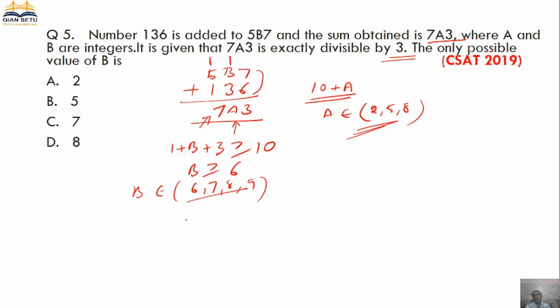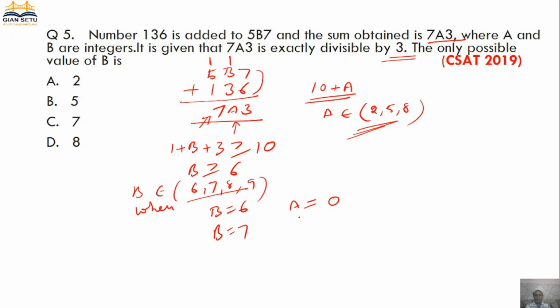Now let's see for which value of b we get a value of a. Now when b is equal to 6, the value of a is equal to, now see, 1 plus 6 is 7, plus 3 is 10, so the value of a is equal to 0.